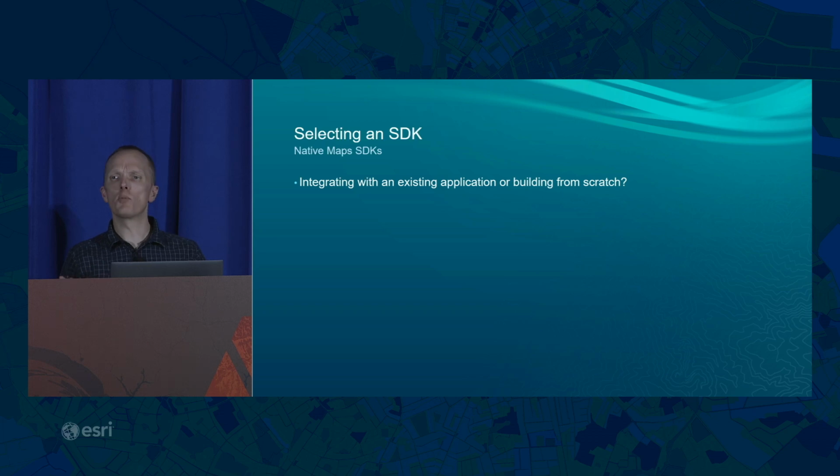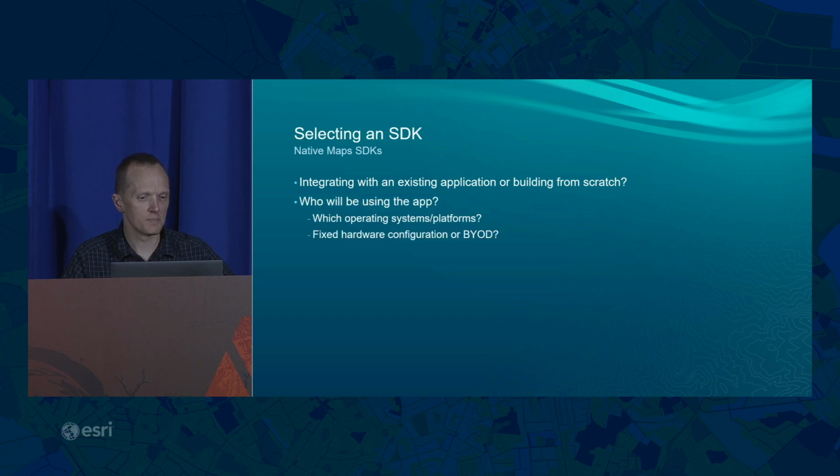Other factors that help you when choosing one of these SDKs: are you integrating with an existing application? If you're bringing the API into an existing application framework, then that often determines what you're choosing. So if you have a .NET application that you're already building, then you're most likely to choose the .NET SDK. Who will be using the application? So what operating systems, what devices are they running on?